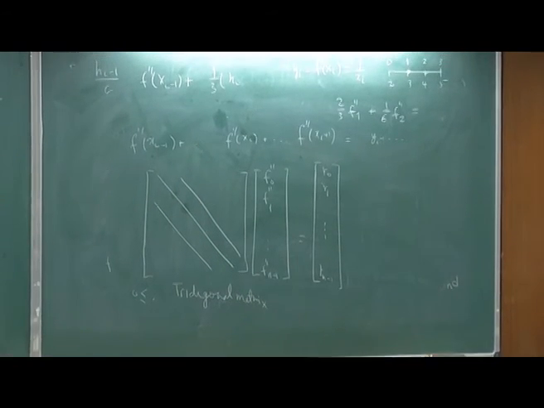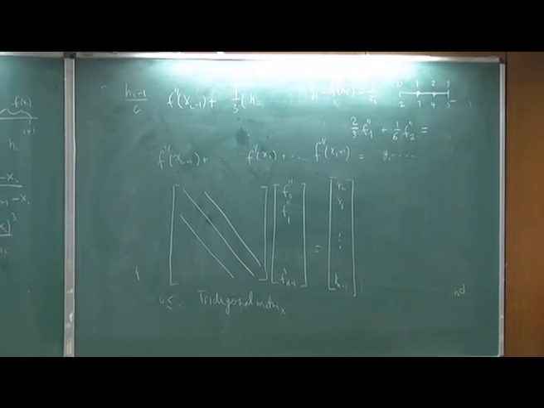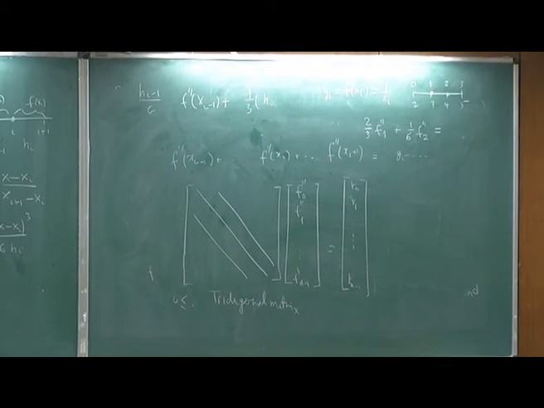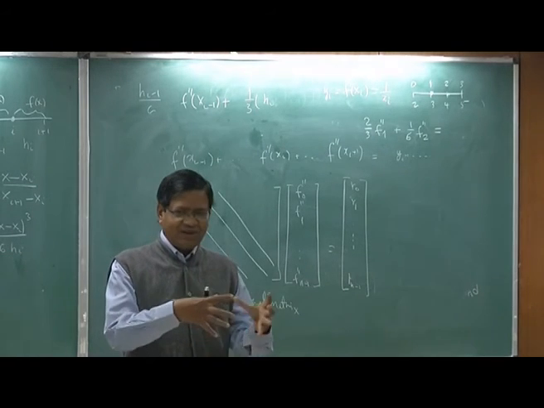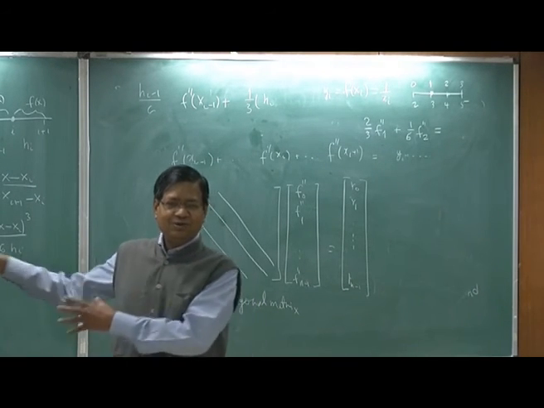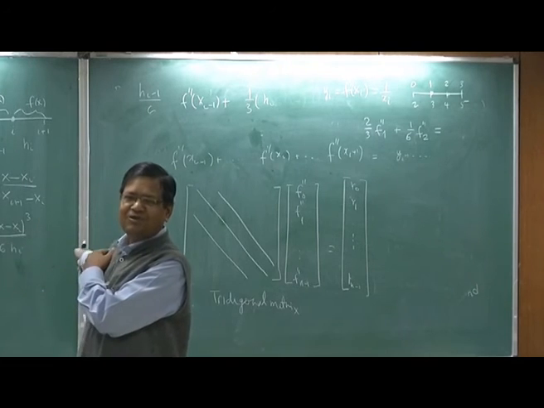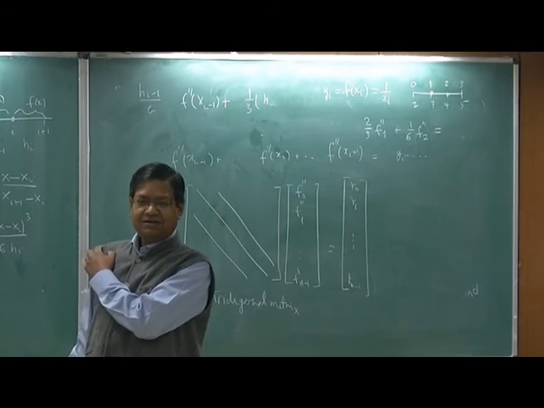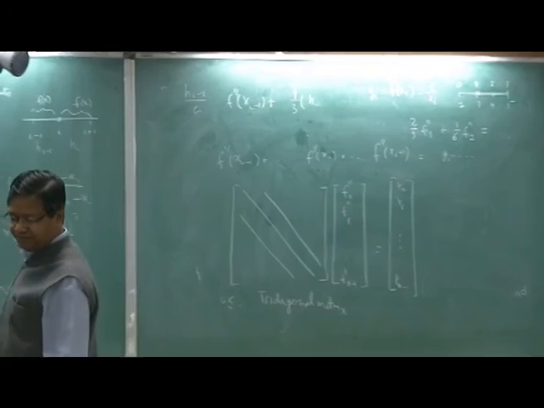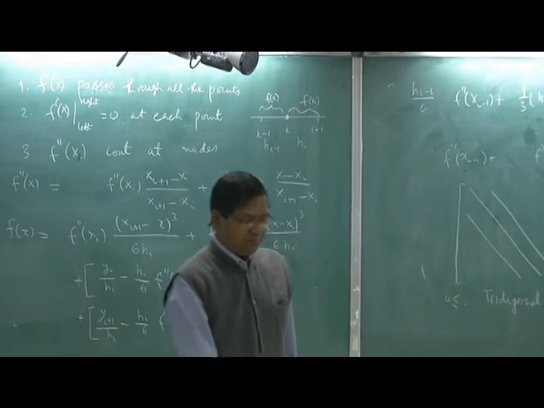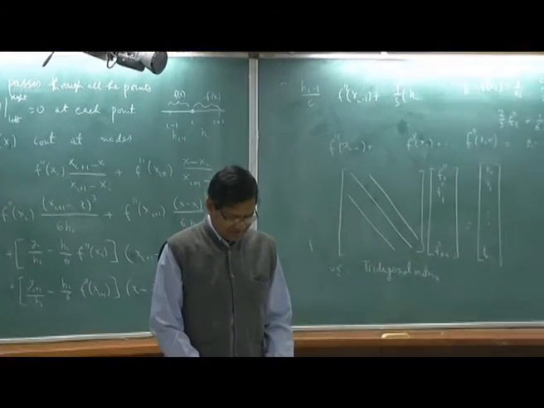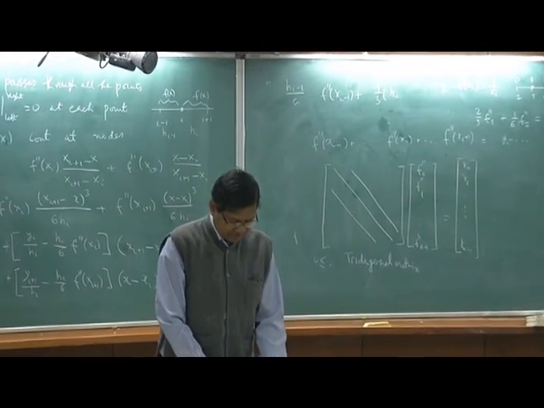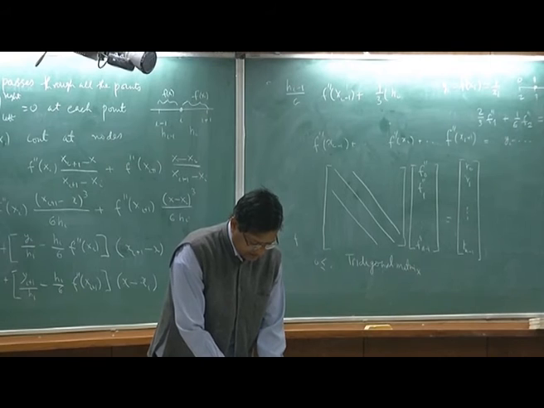Now how to solve a tridiagonal matrix I will do in the later part of the course. So you will find that mathematics and computational physics are all connected. To do the interpolation, I need to know how to solve matrices. So this part we will do later, as the full matrix algebra will be done in the later part of the course.